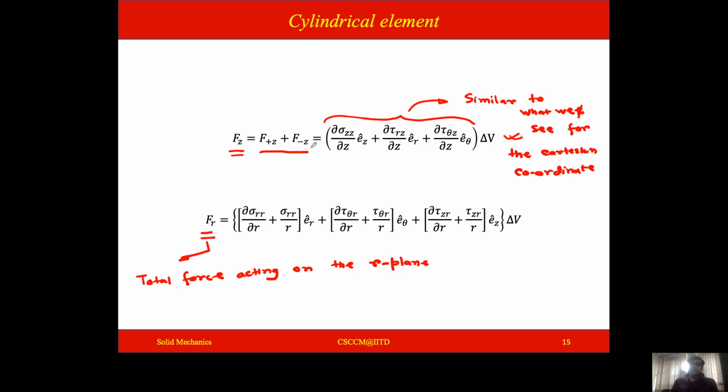There is one more plane in the cylindrical coordinate, and that is the theta plane. So today we will try to find out the relation for the total force acting on the theta plane. Let us go here, and I will start with the same cylindrical element. So the cylindrical element was something like this. You connect this, and from here the straight line goes down.